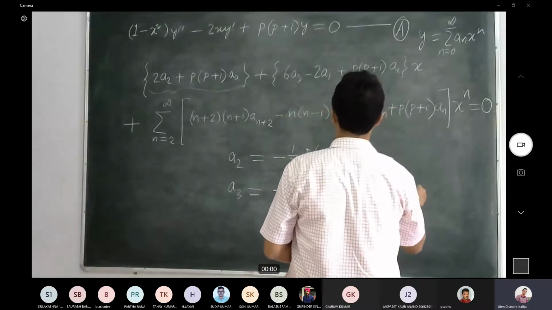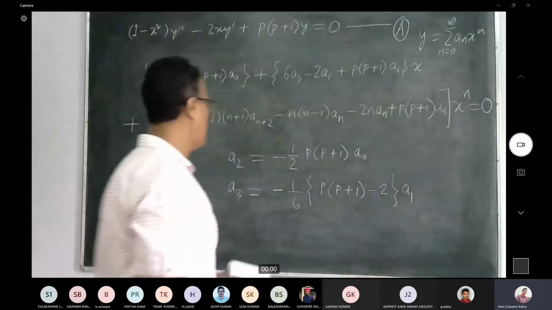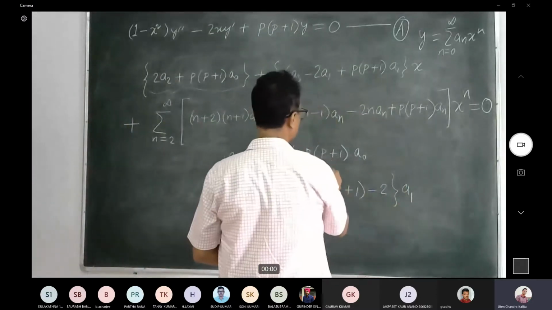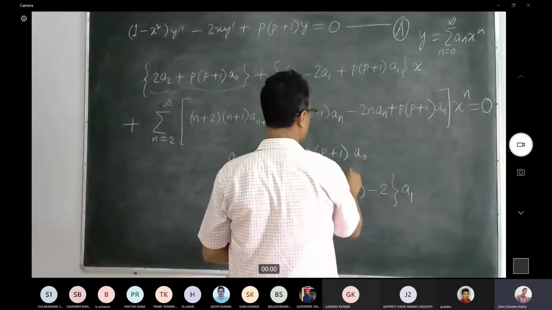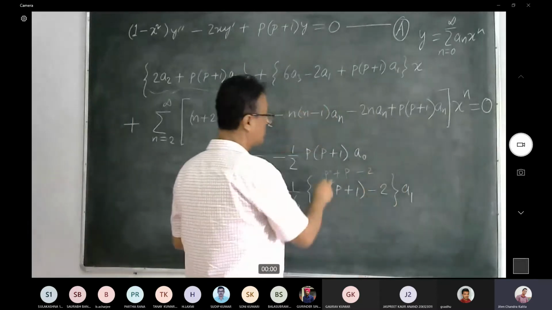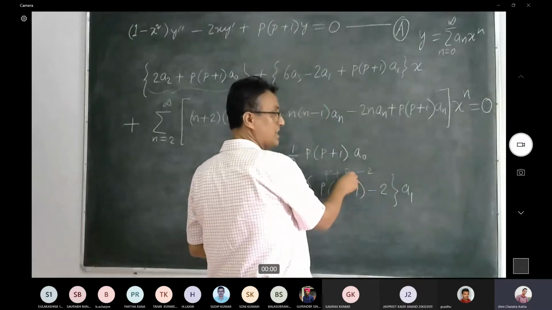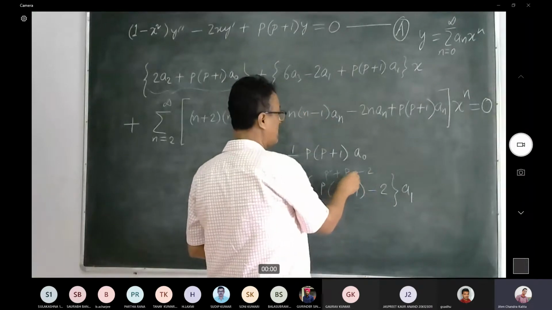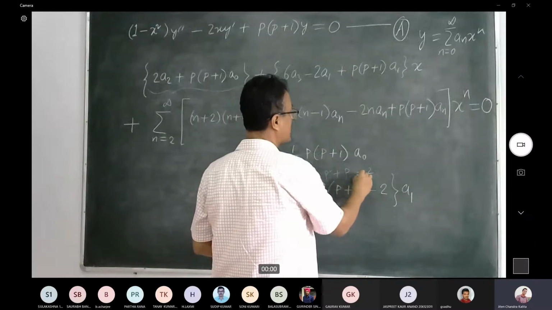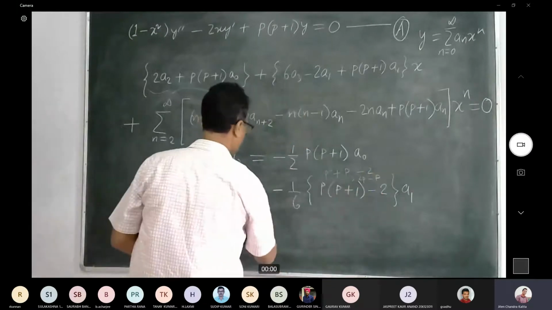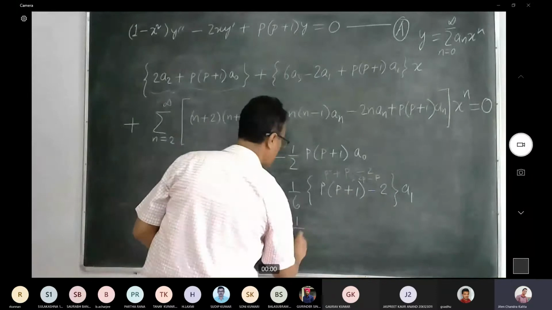This is a1, right? If I look at this expression, you will see that this is nothing but p squared plus p minus 2. So I can decompose this p as 2p minus p. Is it okay?